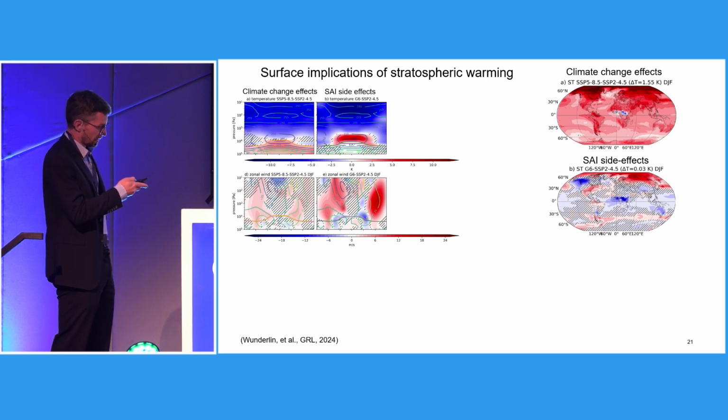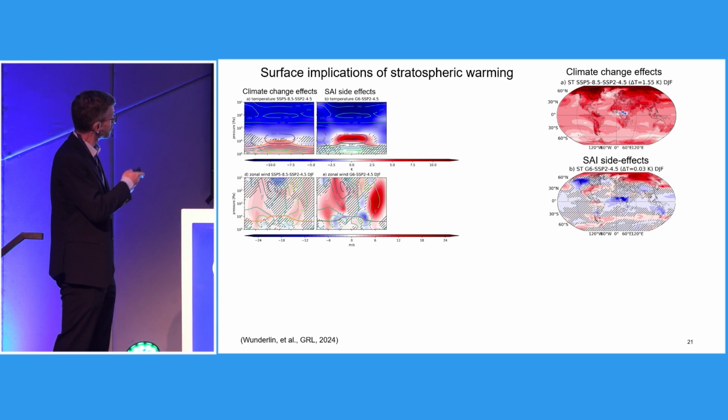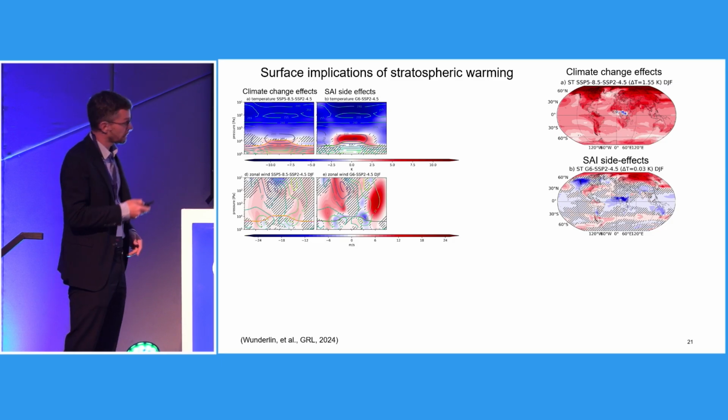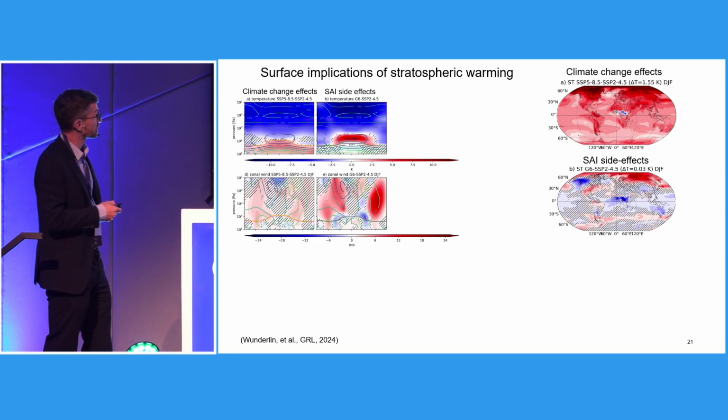When we look at the surface response of the temperature to SAI here, you can see that there are very big regional differences, where some regions are overcooled and other regions are undercooled. So it's not a very equal distribution of the cooling effect.